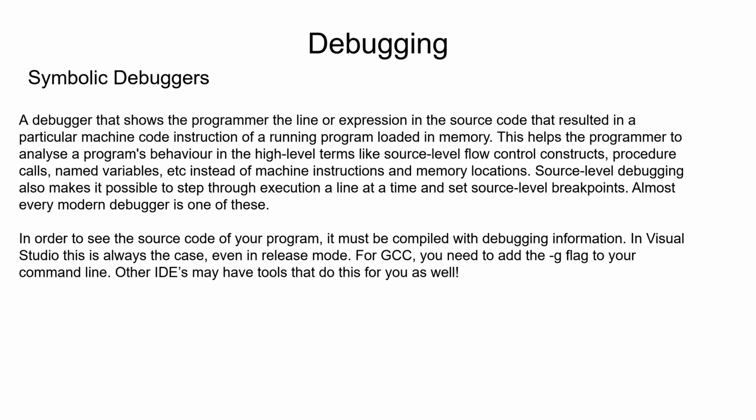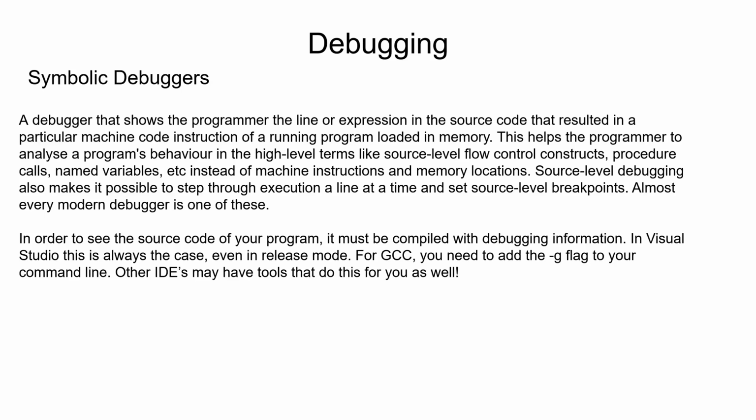In order for a symbolic debugger to be able to see the source code of your program, it needs to be compiled with the debugging information built in. In Visual Studio, this is basically always the case until you make a full release build. At the top of a Visual Studio window next to the little green play button, there is a drop down to switch between debug and release mode.